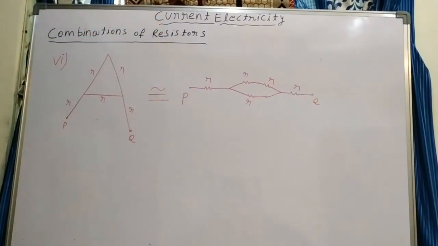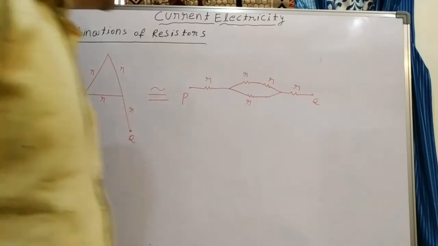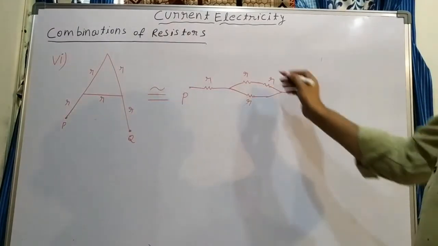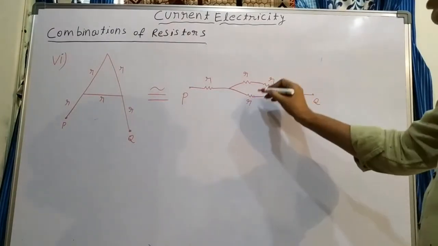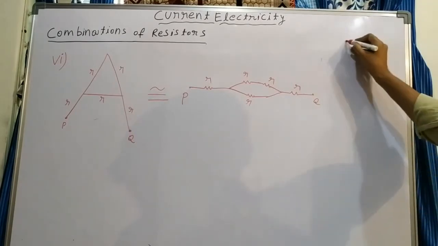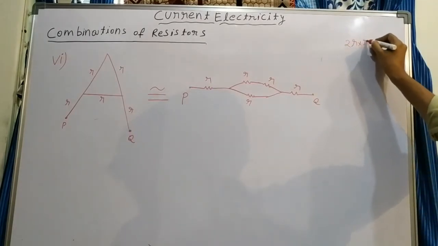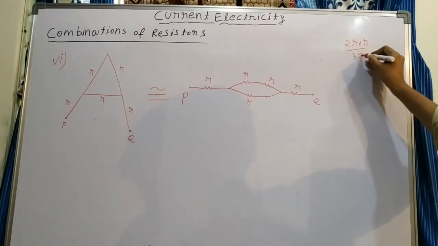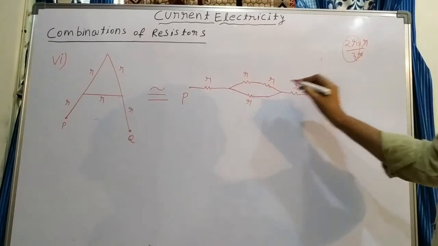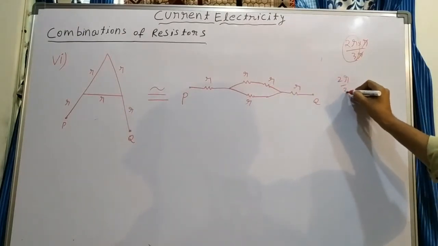Now they want the resistance between P and Q. So for that, first these two are in series, so that is 2R we get. 2R and R are in parallel. 2R and R in parallel means 2R into R by 2R plus R, 3R. So it is 2R by 3.